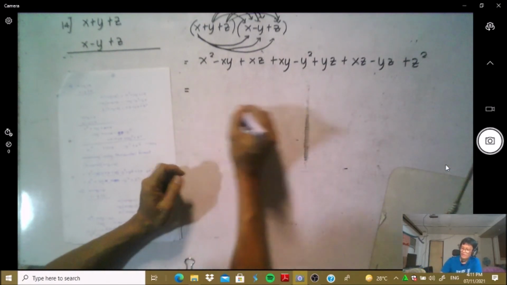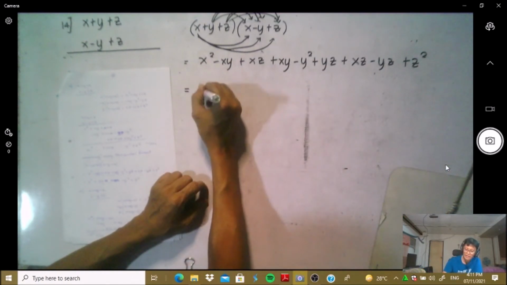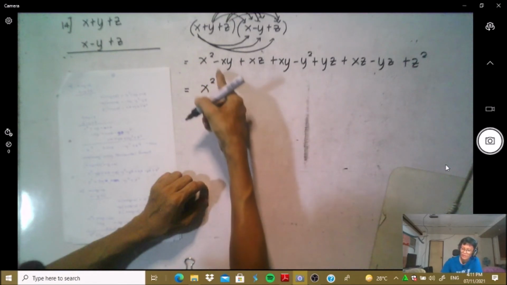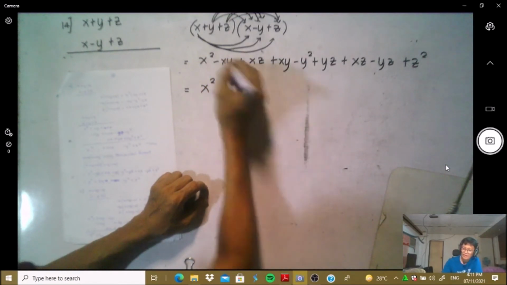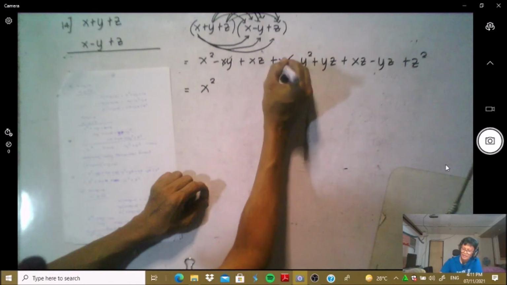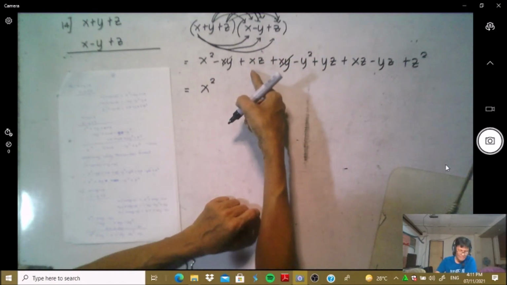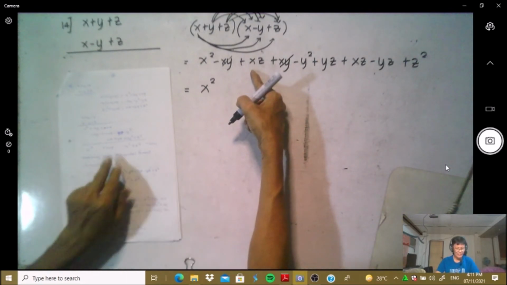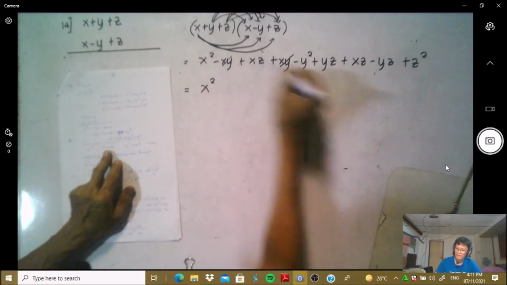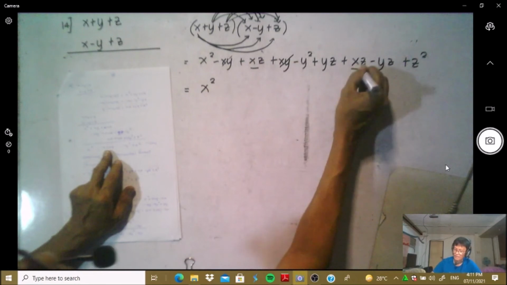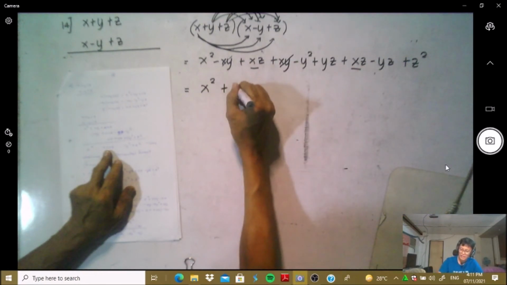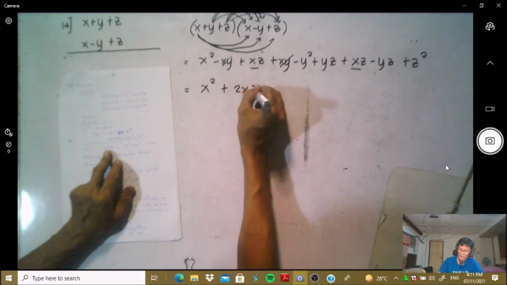We have x squared, we only have one, so we have x squared. How about xy? We have negative xy and positive xy, so this will cancel out. Next we have xc plus xc, so we have plus 2xc.